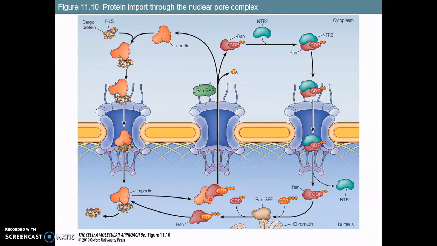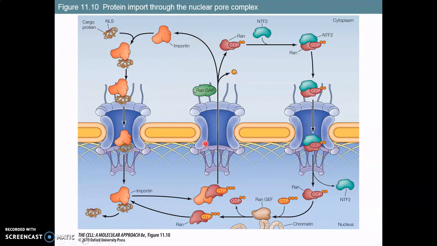So RAN can hydrolyze GTP into GDP, releasing a phosphate group, but it only does this enzymatic activity when it comes into contact with a GAP. So it transports through here, it comes into contact, it hydrolyzes, it changes into a second structure conformation. We can call that conformation 2, and that is incapable of binding importin, so it'll kick it off. Now we have importin free to continue the cycle to bring another protein in.